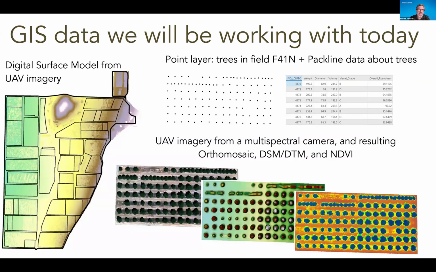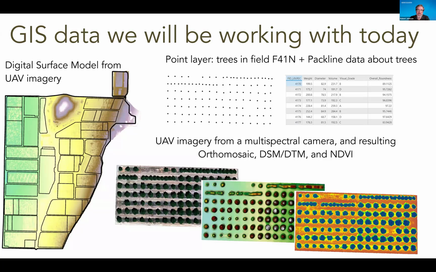Some of the data we're going to have is a digital surface model that has been derived from drone imagery. This is essentially an elevation type data set, a raster data set. We're going to have a point layer of trees in the particular field we're looking at, as well as a tabular data set from the pack line that measures weight and diameter and other characteristics of the fruit after it's harvested.